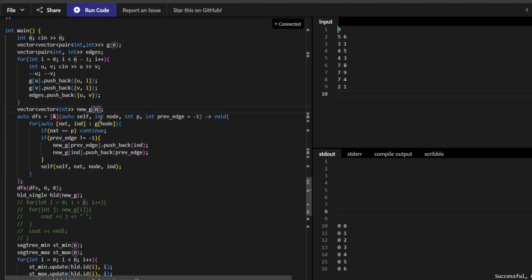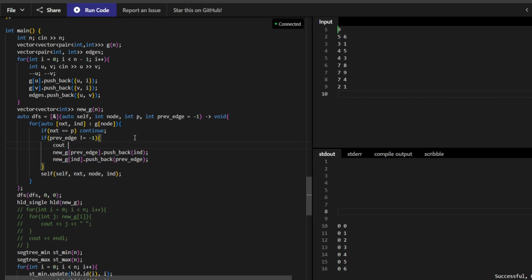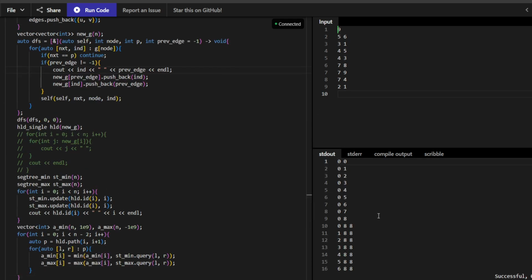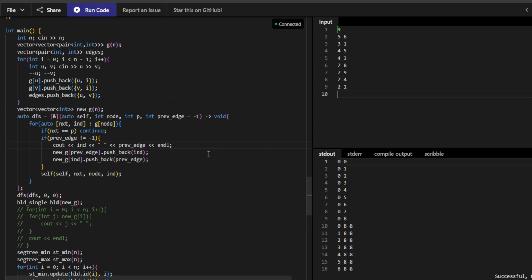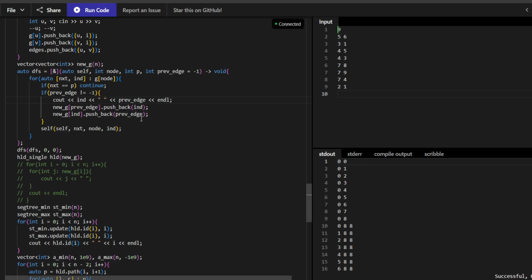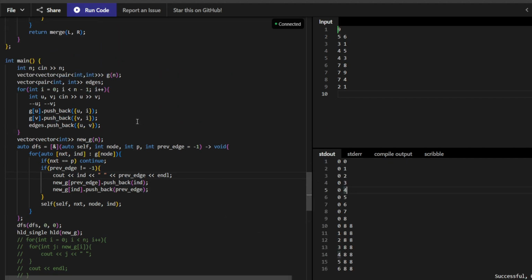Yo, why is there nothing in my graph? Hello? I'm clearly putting stuff in the graph. What?